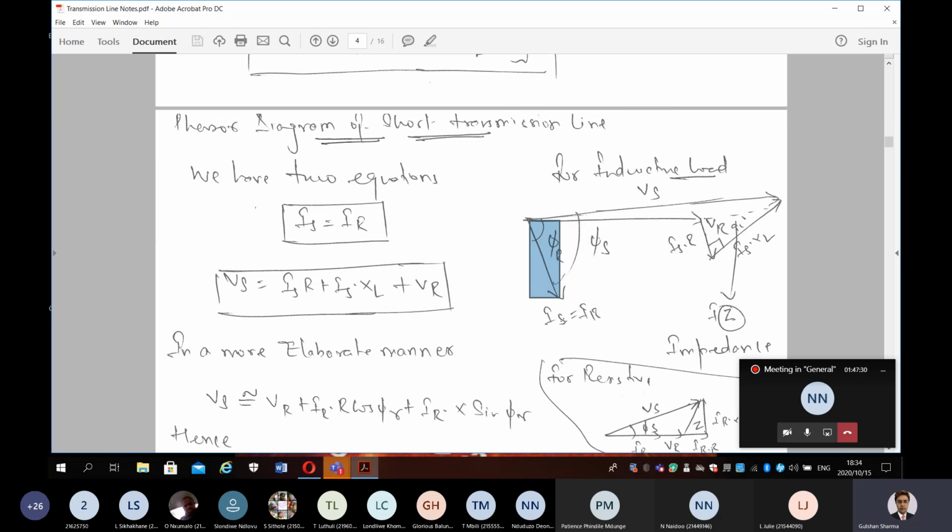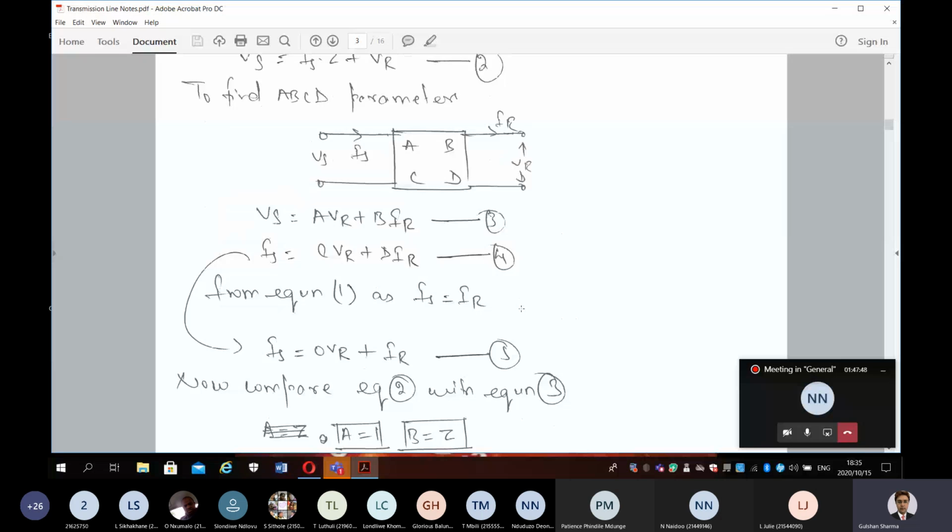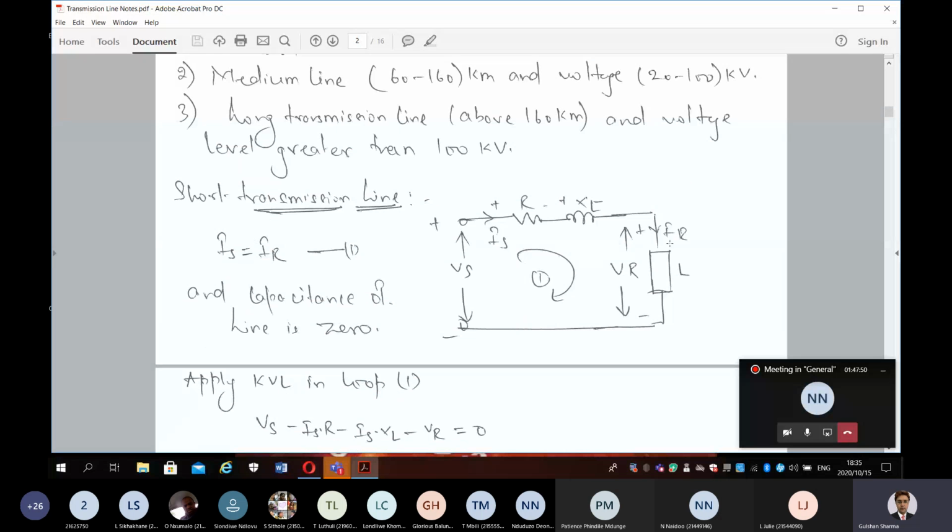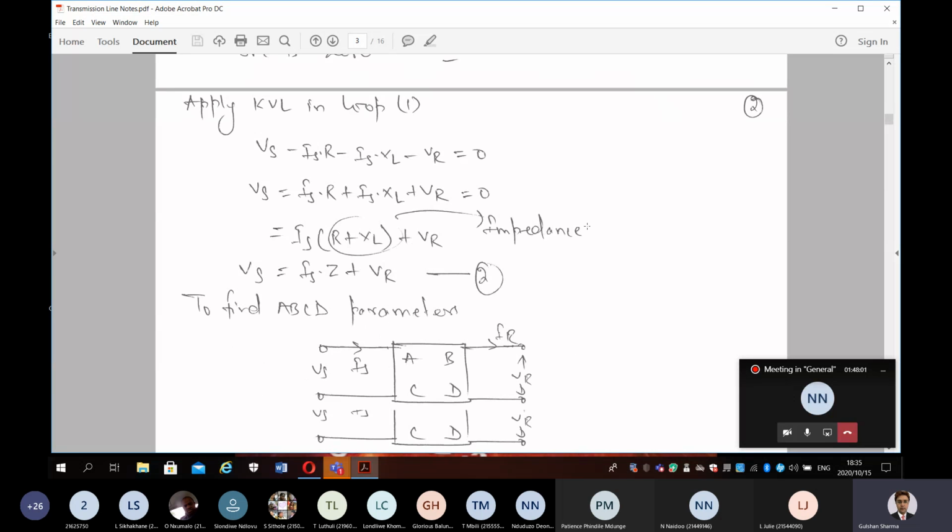Is equals IR. I will tell you this thing again. IR is lagging the voltage by an angle of phi r, the receiving end phase angle. Now you see that guys, this is your IR and this is your voltage. Because Is equals IR, when it flows across the resistive and the reactive component, there is a drop Is into R and a drop Is into XL.